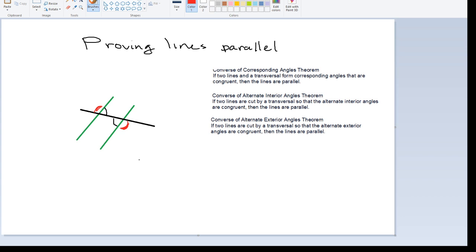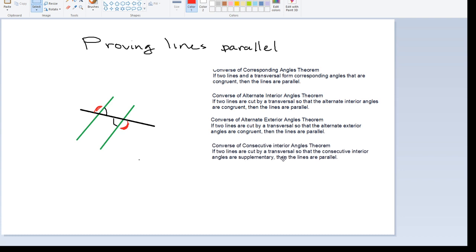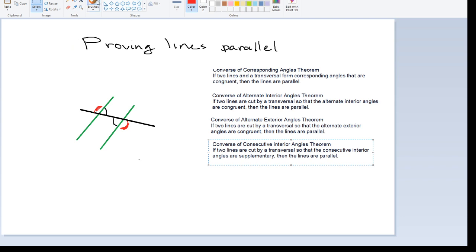Now we have the consecutive interior angles theorem, or the same side interior angles theorem. That one states that if two angles are on the same side and they are supplementary, meaning they both add up to 180 degrees, then the two lines are parallel.